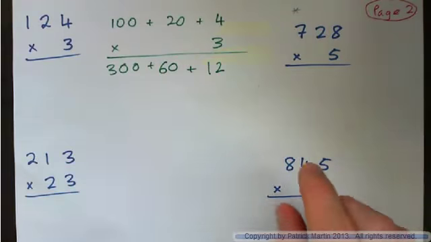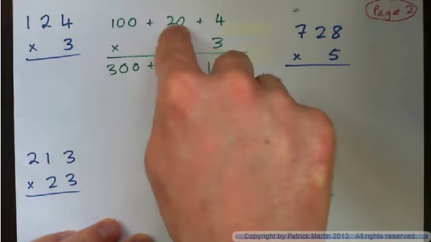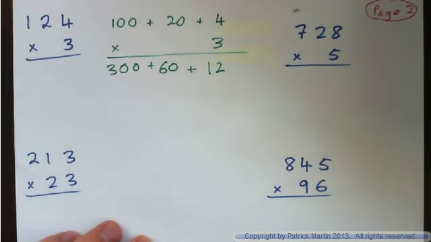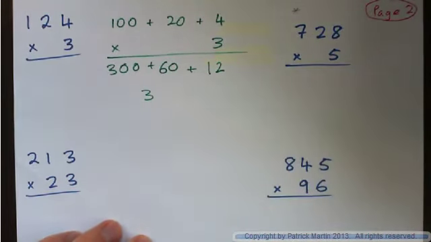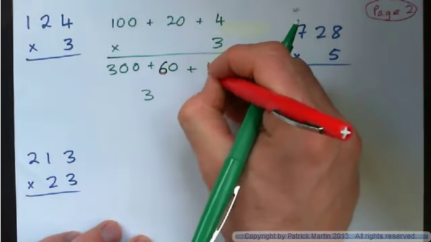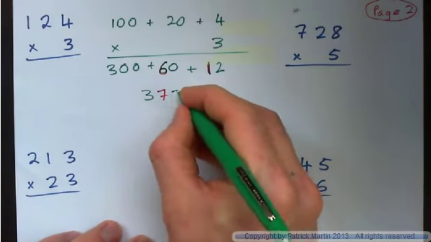So just remember that this is what it really is. 3 times 4 units, 12, 3 times 20, 60, 3 times 100, 300. And when you add it all together, you get 300 and, see, you've got 6 tens and 1 ten, which makes 7 tens, 370, and then you have 2 units, 2.